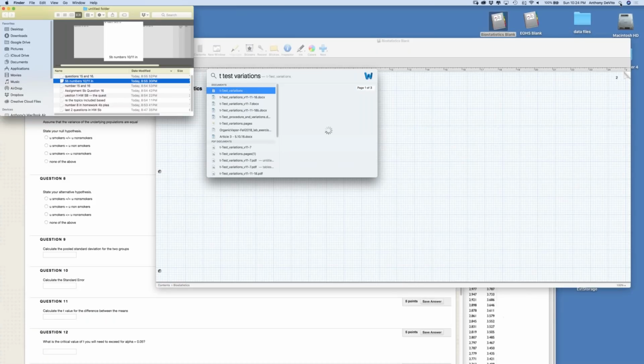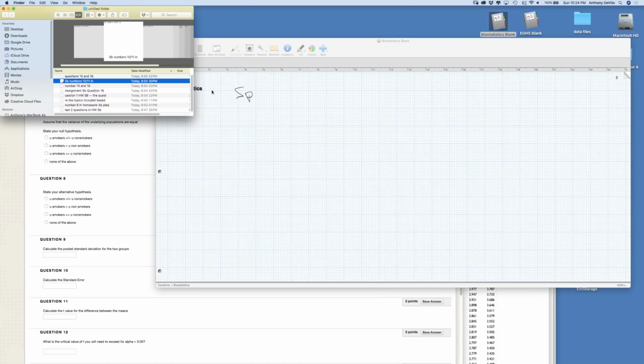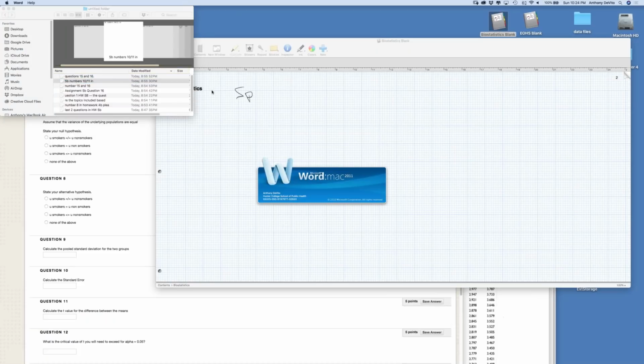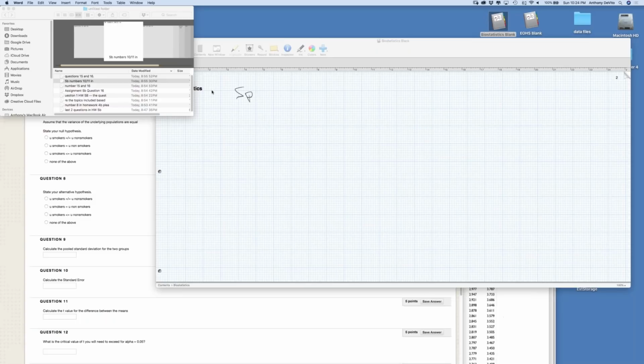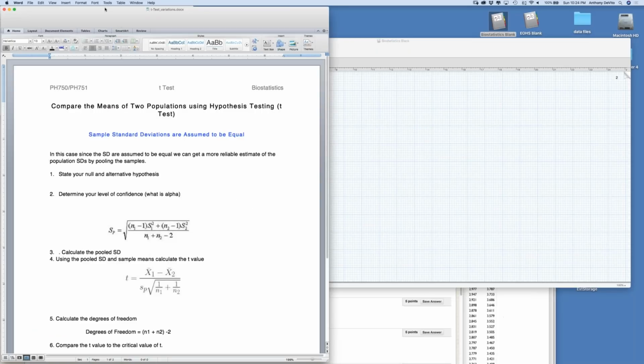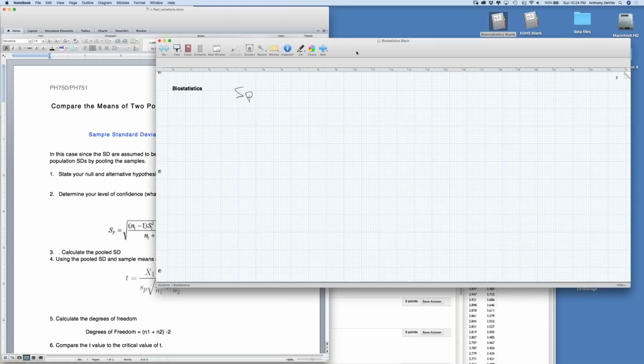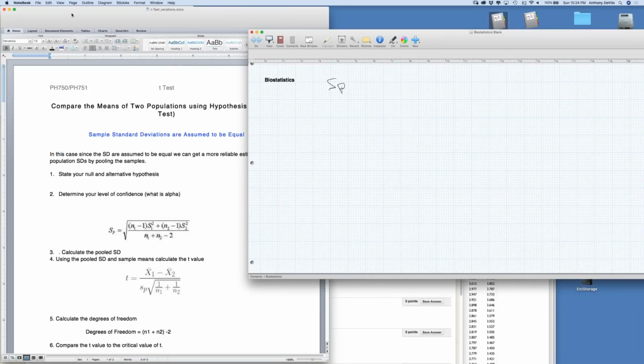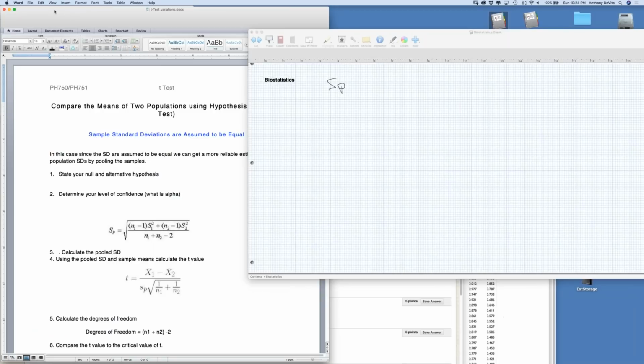Okay, t-test. There it is. Let's see what this one looks like. Okay. Well, it looks a little funky, doesn't it? But it's really not that hard. Let me wait for Word to let me move this around.